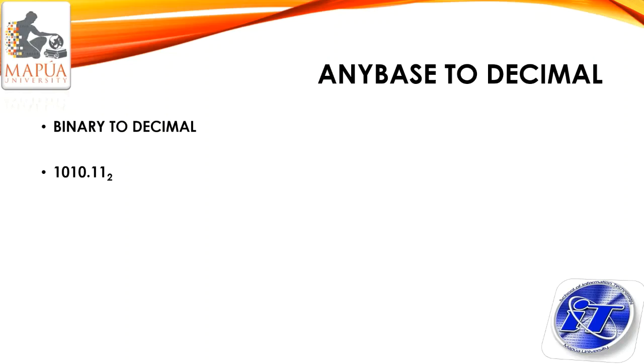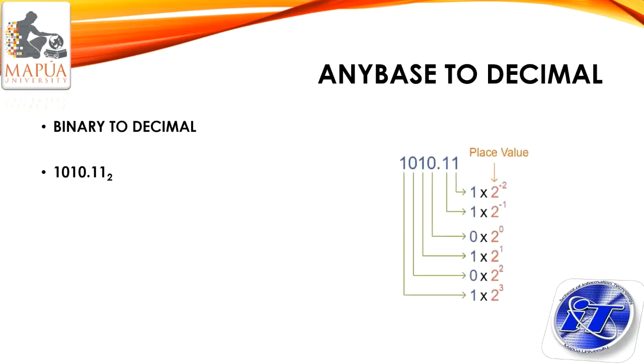So, for example, again based on 1010.11, the digit on the left side of the radix point will have an exponent raised to 0. Then from right to left, it increases by 1, and from left to right, it decreases by 1.